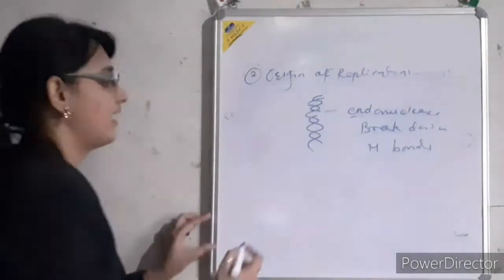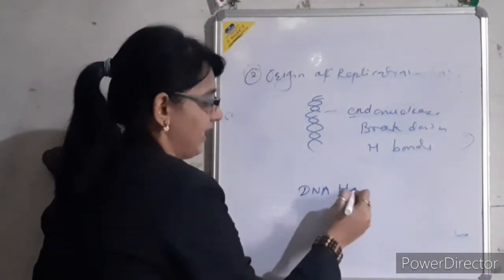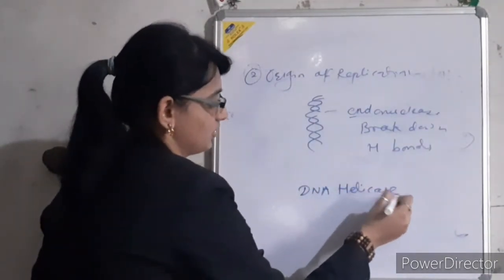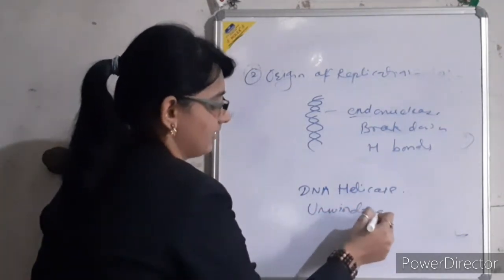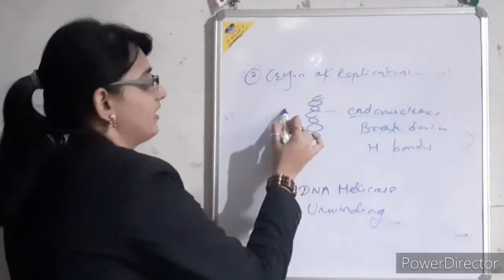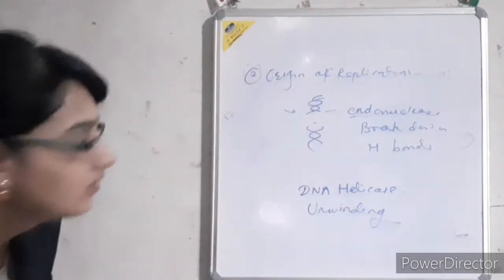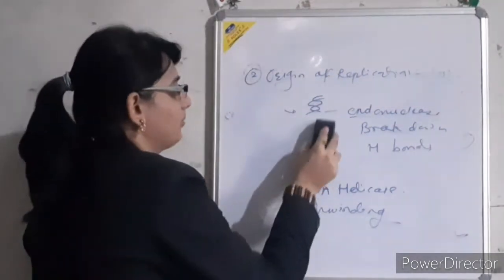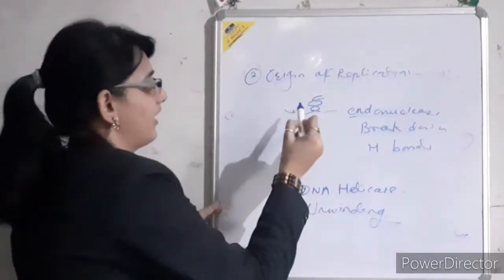These strands require an enzyme called DNA helicase. So this enzyme will cause the unwinding and unzipping of the DNA strand. So here there is action of DNA helicase, which causes the unwinding of the DNA strand.